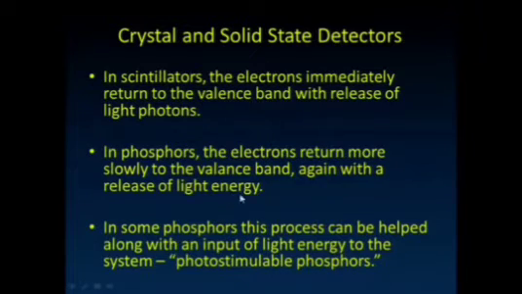In some phosphors, those electrons that move to that outer band are pretty stable sitting in that outer band, and they'll stay there for a fairly significant period of time. And we can help that process out, help move them back down into the inner band by inputting some energy into the system. And those are called photostimulable phosphors, and those are what CR, computed radiography plates, use.